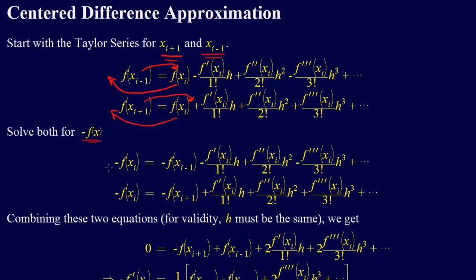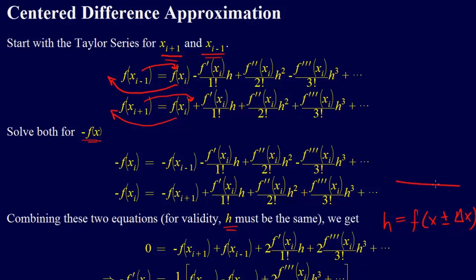You can see they look very similar, and that's good. So what we're going to do is we're going to combine them. We can just combine these two equations, but in order to do this, h has got to be the same, and h then is going to equal f of x plus or minus delta x, right?